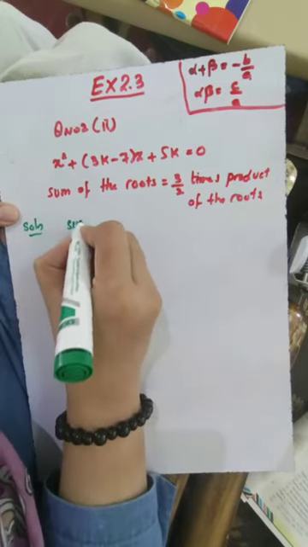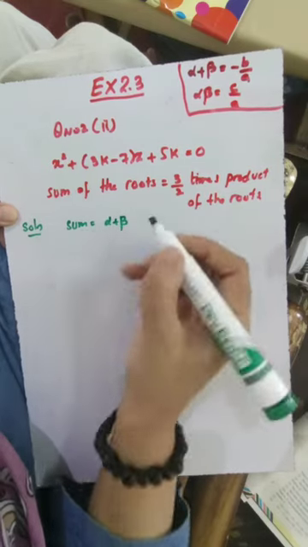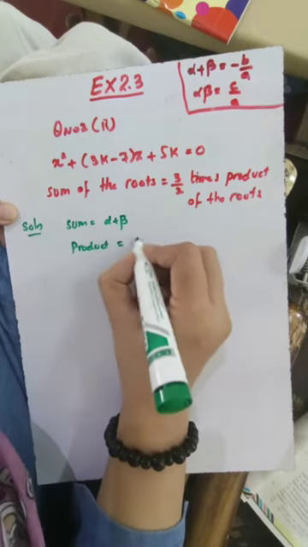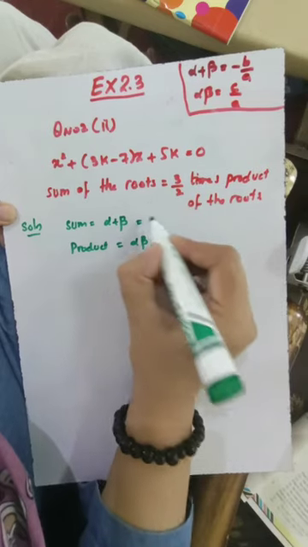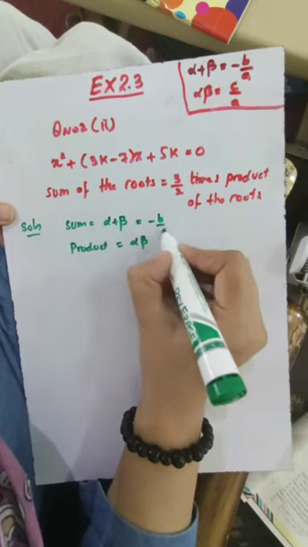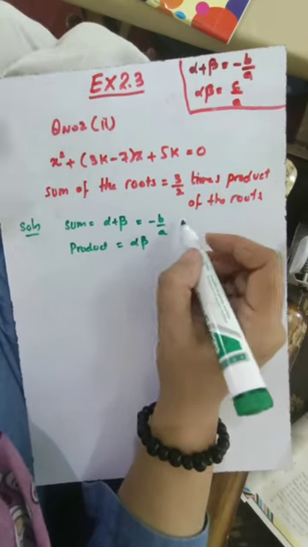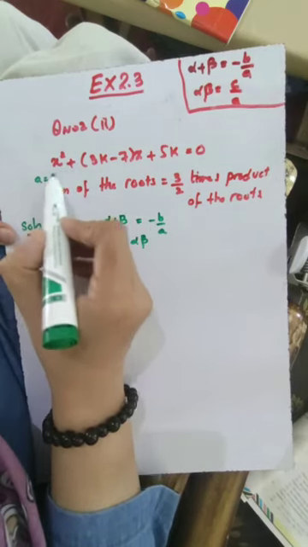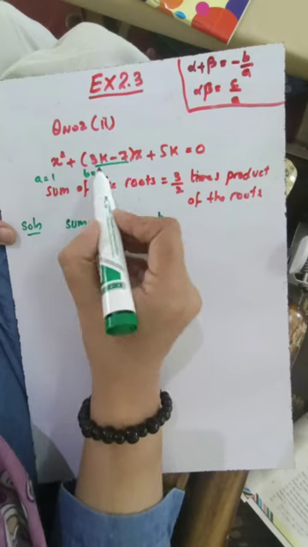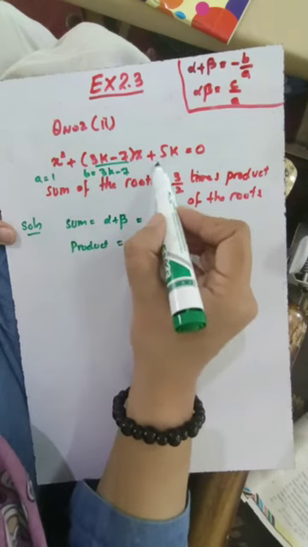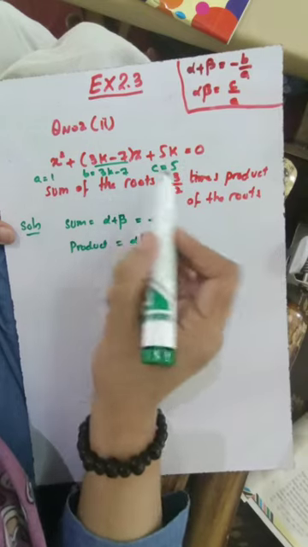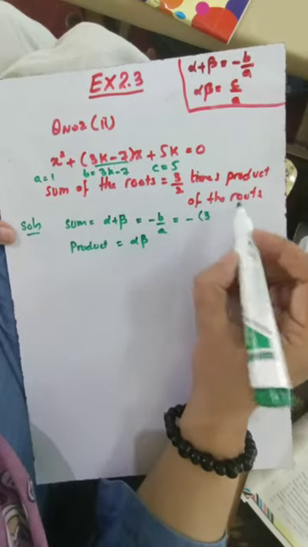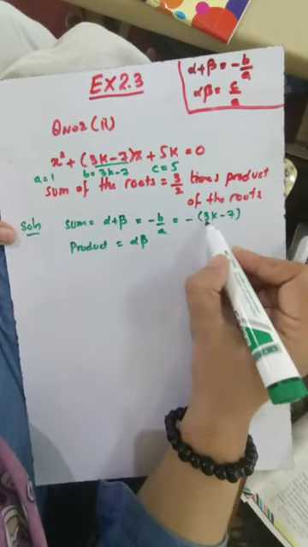Now sum of the roots is alpha plus beta, and product of the roots is alpha into beta. We know that sum of the roots is equal to minus b over a. Let me write a, b, c first. Over here, a is equal to 1, b is equal to 3k minus 7, and c is equal to 5. These are the coefficients. So alpha plus beta will be minus b, which is minus (3k minus 7), over a.